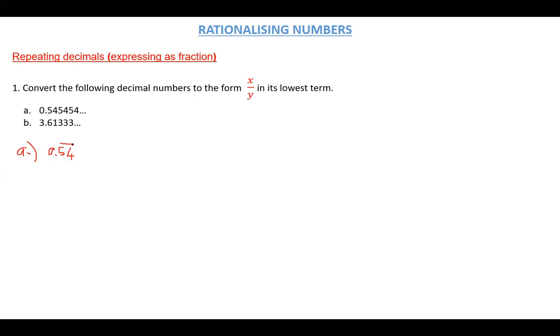How do you convert this to a fraction form? When this is repeating, you can put a bar on top to show that these are the numbers that are repeating. For instance, here 3 is repeating, so I can just put a bar on 3 to show that 3 is the one that is repeating.